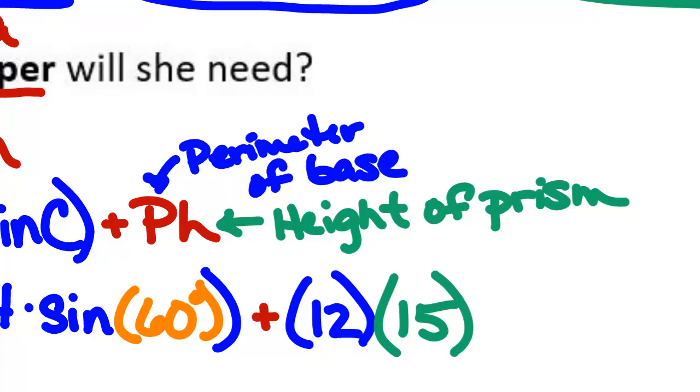I can always tell what the bases are on a prism because they will never touch each other. They have to be parallel and congruent. The rectangles that make up the body of this box are touching each other, so those can't be bases. The two triangles will never touch, so those have to be my bases. So if I were to stand it up like this, this would be my height, which is that 15 centimeters.